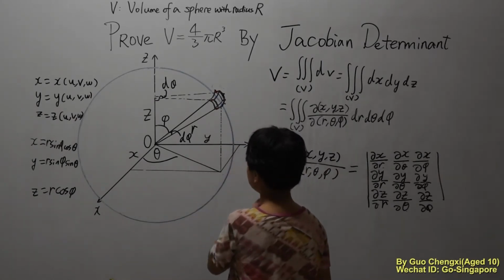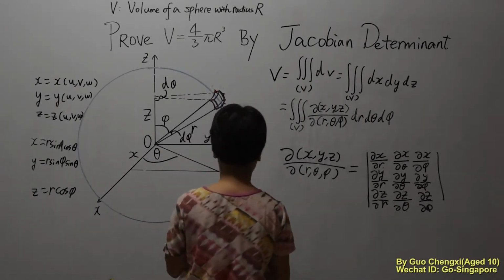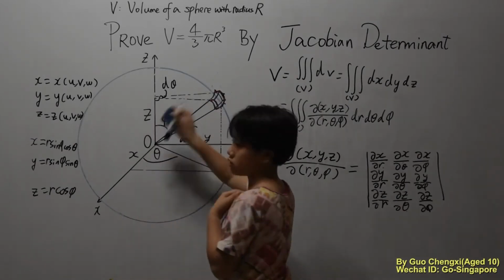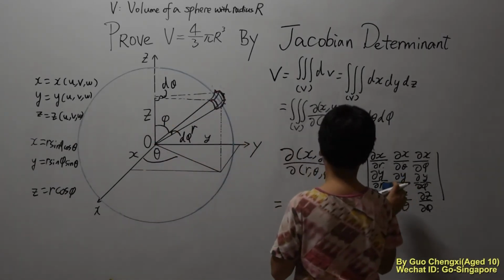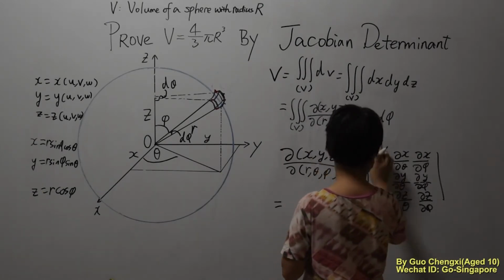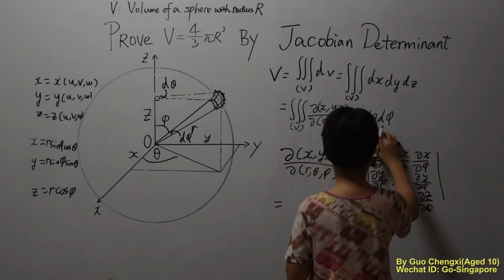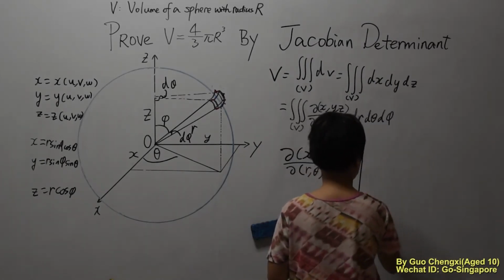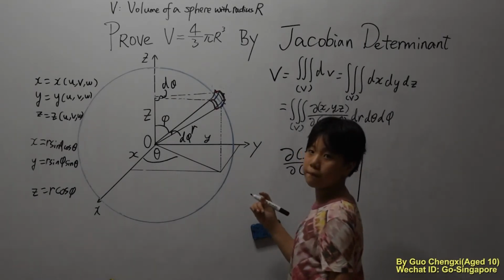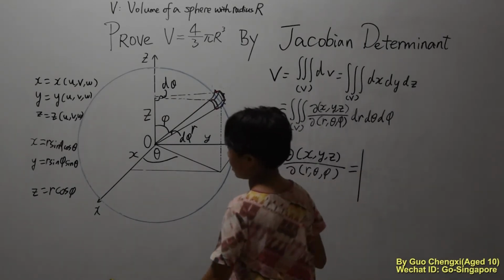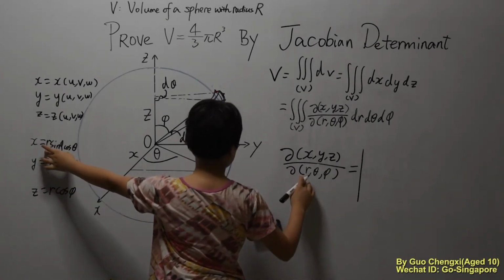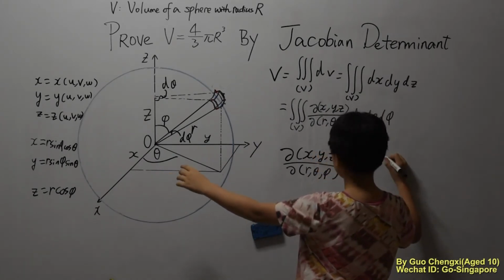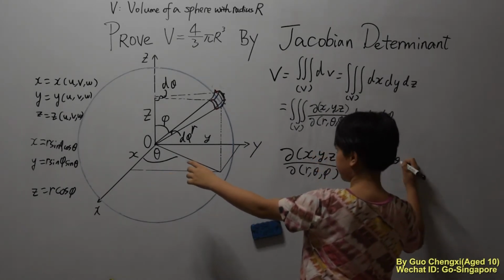Alright. Now for this part we can do it already. I'm just going to erase this part, okay? So the partial x over here will become this part, and then after that r. So here becomes sine phi cosine theta.